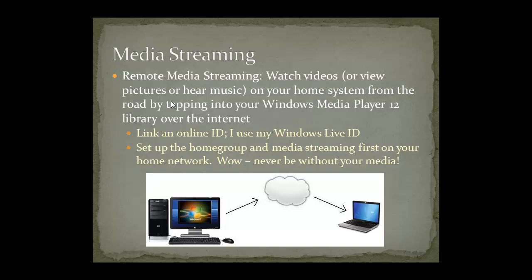And then you have to make sure that your home group's already set up and media streaming is set up. And I'll show you how to do that in a minute. And then you'd be linking basically your laptop. You would be taking your laptop from your home group, going elsewhere, and then accessing your home group through the internet, through the cloud.